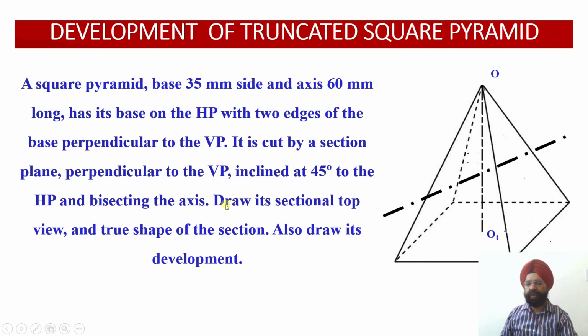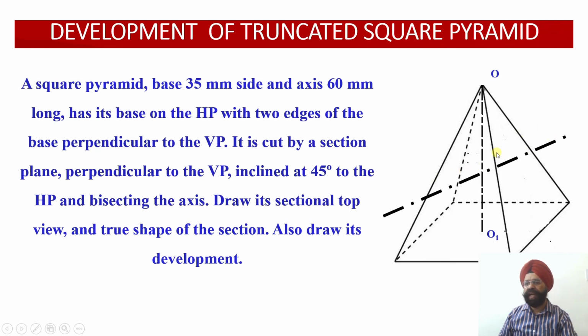Now we are required to draw the sectional top view, then the true shape of the cut section as well, and we are also required to draw the development of the truncated square pyramid. So here we need to understand one thing. Since this is an AIP which is passing through the axis, bisecting the axis, from the construction we will work out that this particular cutting plane, that is AIP, is going to cut all the slant generators.